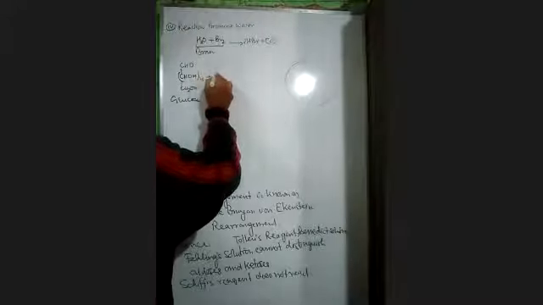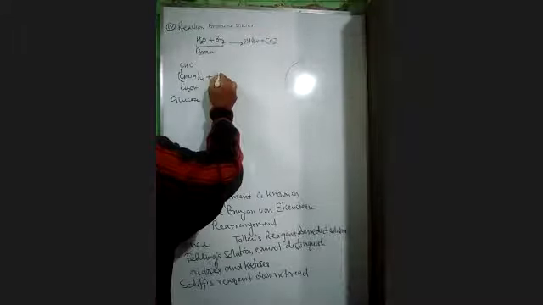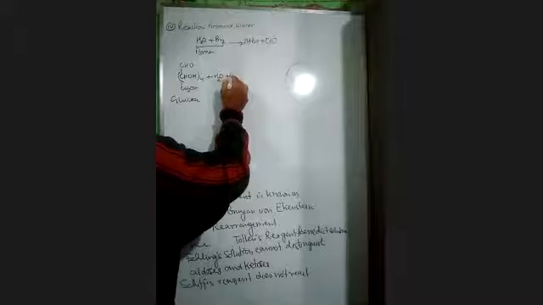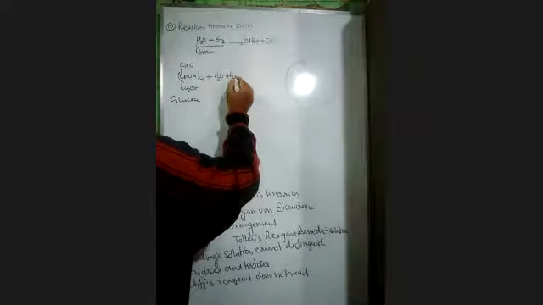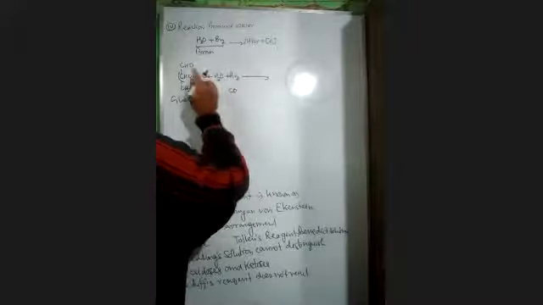And here I will write H2O plus Br2. This is not given in your book. What happens here? Aldehydes immediately get oxidized to carboxyl. So you get this.